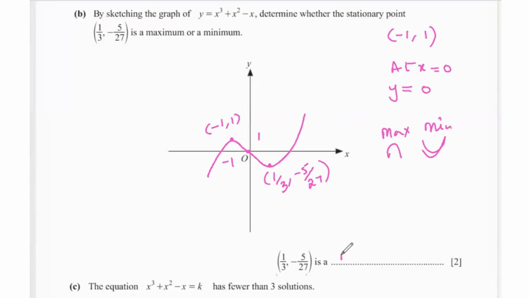So this is a minimum point. -1, 1 is our maximum point because at that point, the graph is reaching a maximum value of +1. Whereas over here, the graph is reaching a minimum value of -5/27, and then it's increasing after that. So this is how you determine whether your point is a minimum or a maximum point.